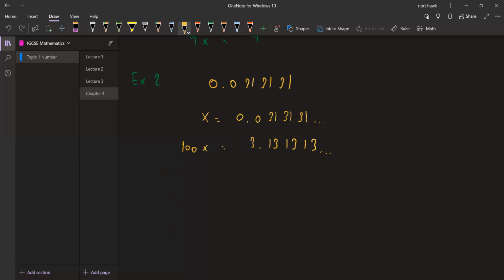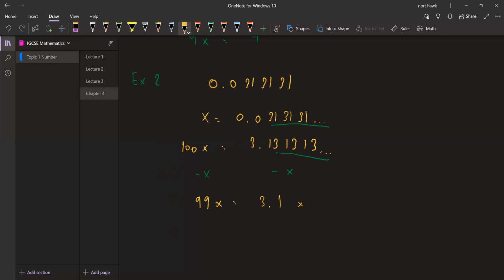I could subtract x from both sides. Since x is this here, this will be taken away. Thus, it will become 3.1, and 99x equals 3.1.